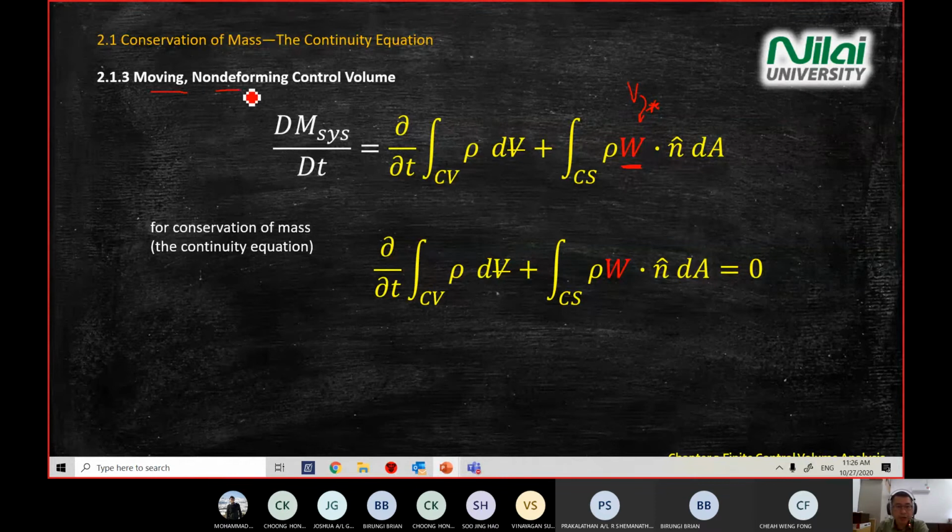Again, moving and non-deforming. So moving control volume, meaning your control volume now is moving already. For the previous section, our control volume did not move. Only our fluid moved. Now, we are focused on the moving control volume. We are focused on the W vector instead.